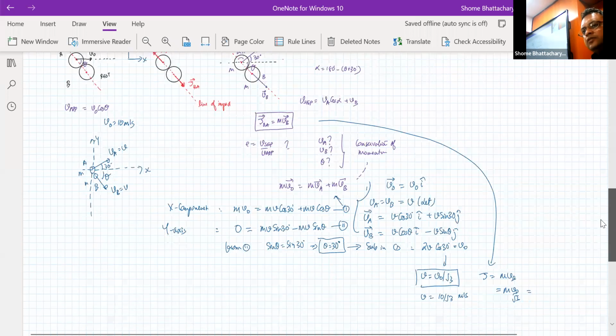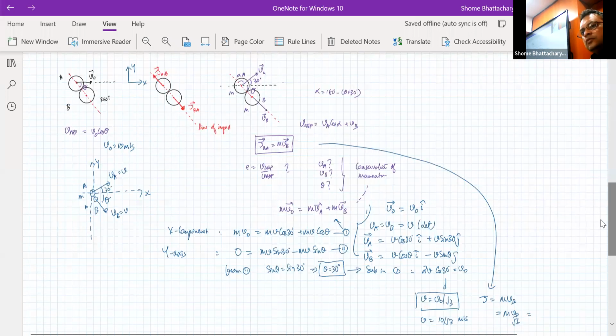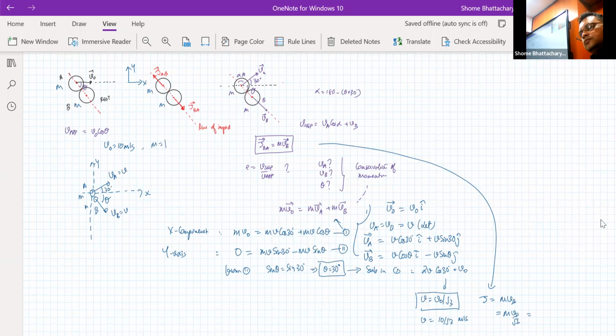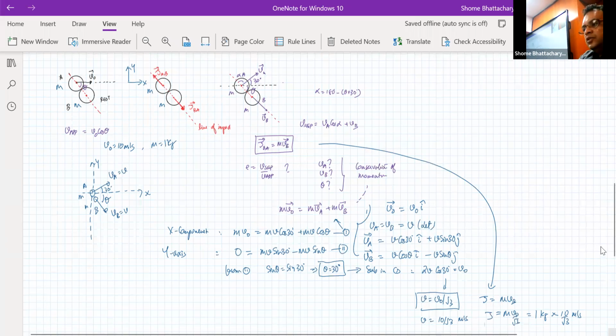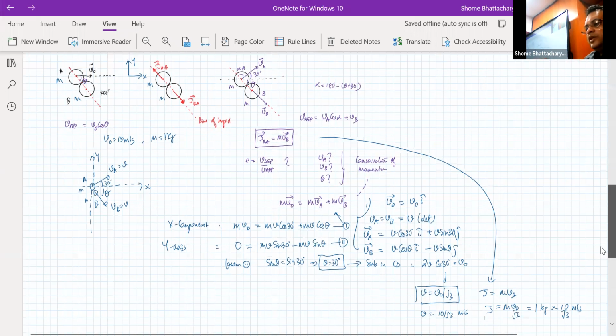So let's use that value. So 1 kg into 10 by root 3 meters per second. That is giving us our impulse, which will be 10 by root 3 Newton seconds or kilogram meters per second.